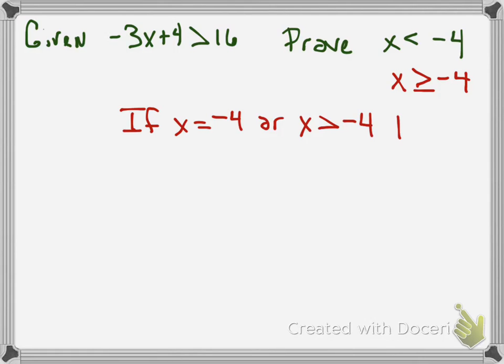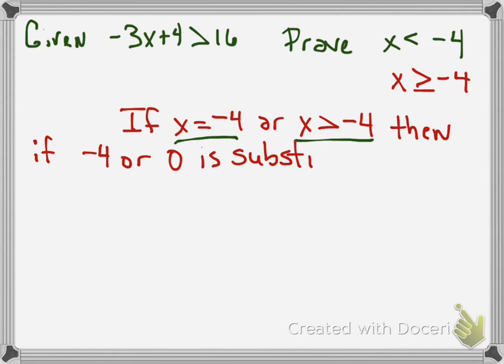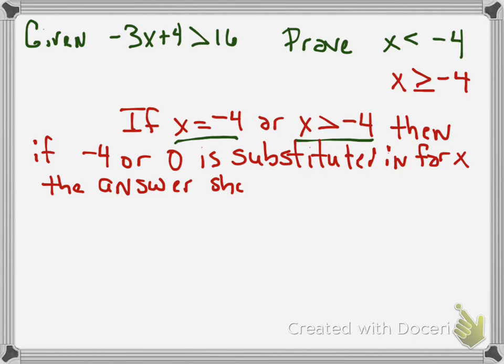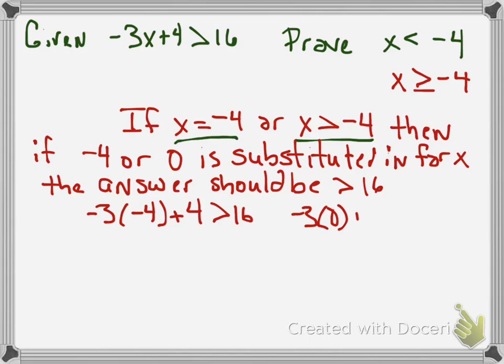This is more like an informal proof than the regular two-column proofs. So I said, let me try negative 4 and 0. The negative 4 fits this one, and the 0 fits this one, because 0 is greater than negative 4. If I plug those into the equation, I should get an answer greater than 16. But when I put those in, I get one that equals 16, not greater, and another one that is way less than 16.